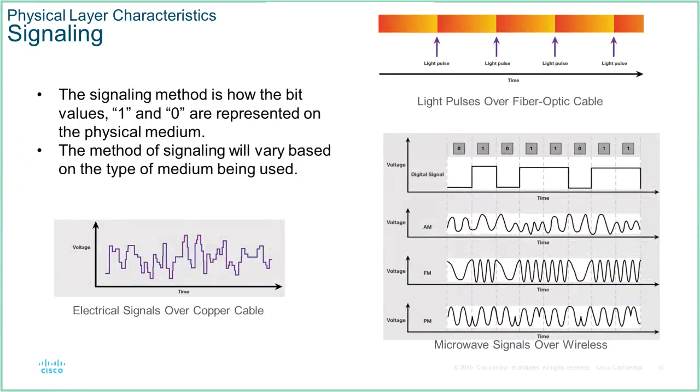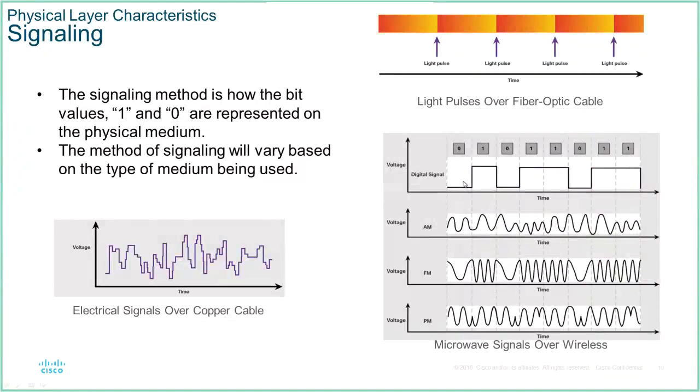There's outside interference from electrical motors, electrical cables, fluorescent lights. All of these things can contribute to noise within a cable. And that's why we get such a ragged looking signal.